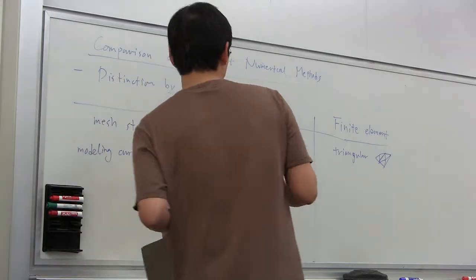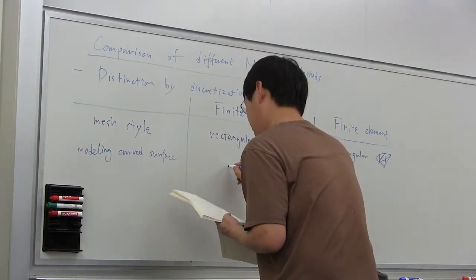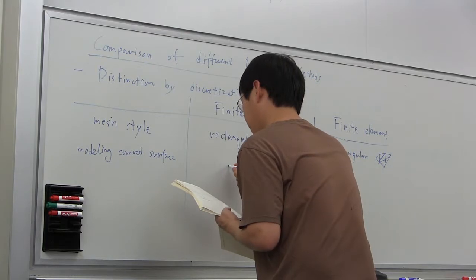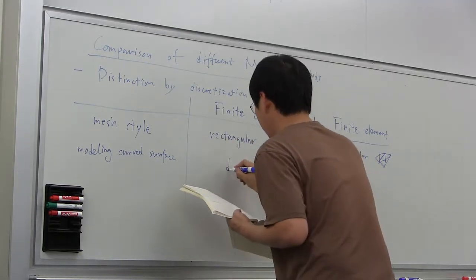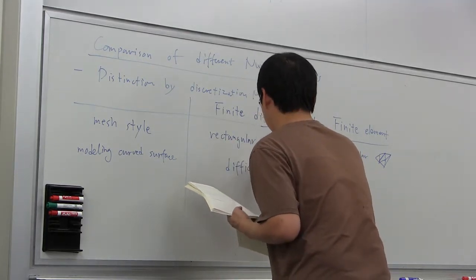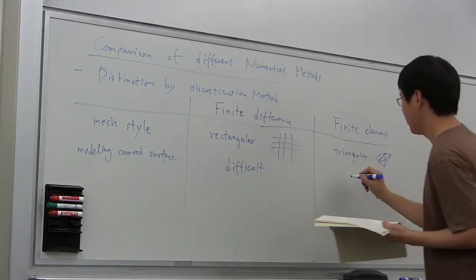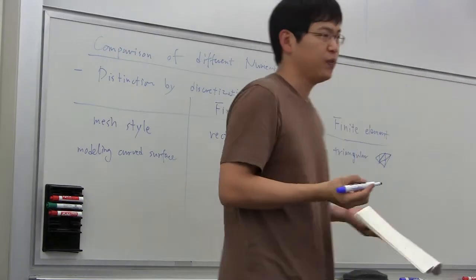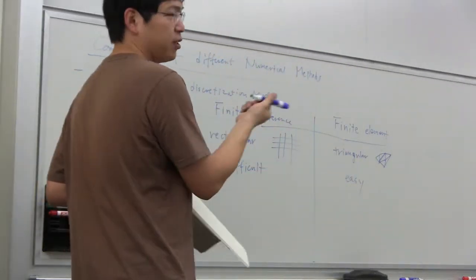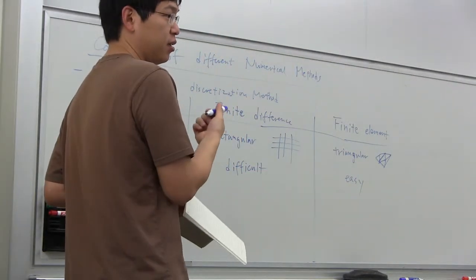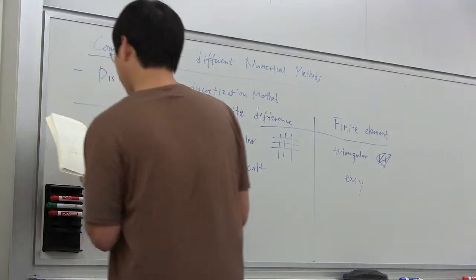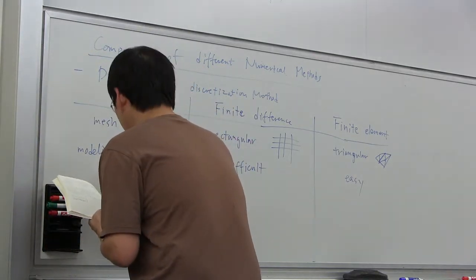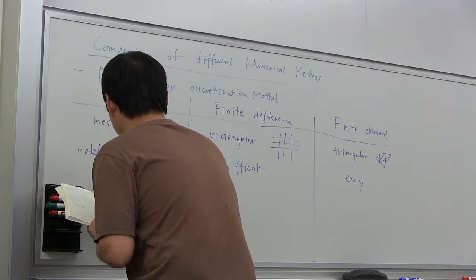For modeling the curved surface, finite difference is difficult, but finite element is easy. You can easily see why it is easy and difficult because of the mesh style. And parallelization of the solver.